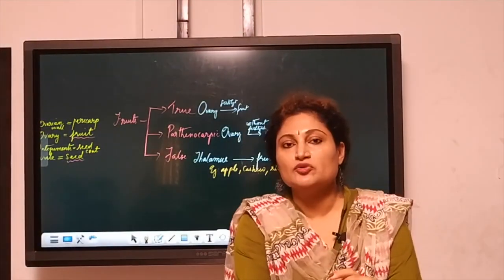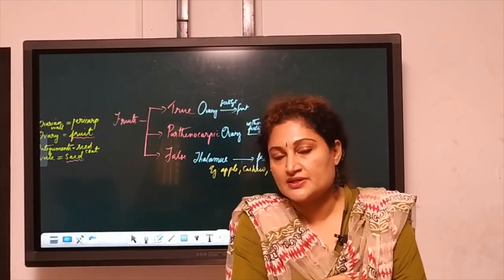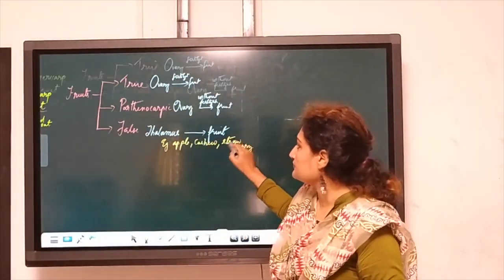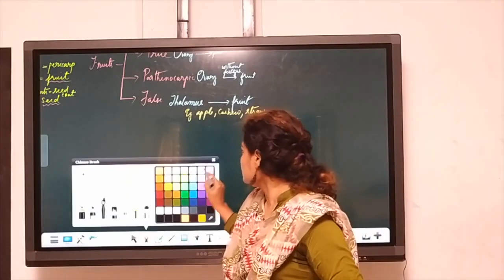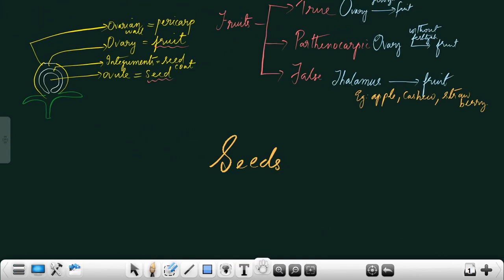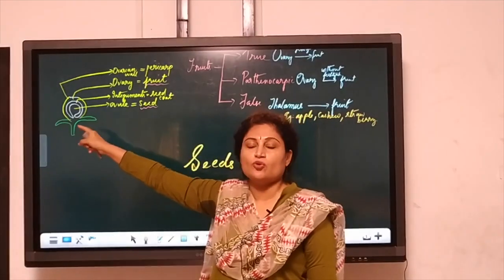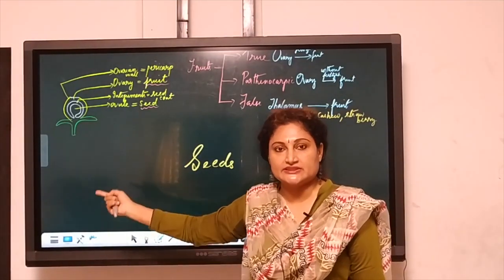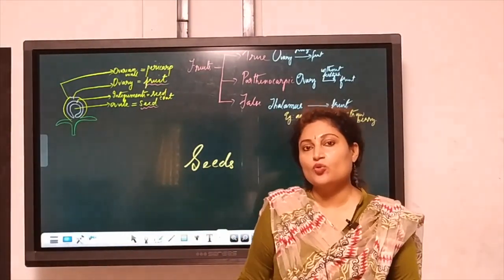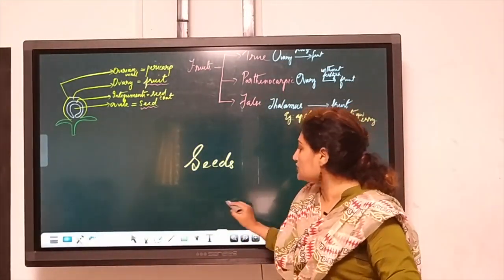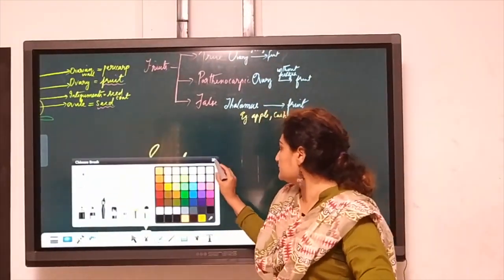So that's about the types of fruits. Next, types of seeds. Now, as earlier mentioned, what becomes the seed or what is destined to become the seed? The ovule. The ovule becomes the seed, and what is surrounding the ovule is the integument, and the integument becomes a seed coat. So that is going to be the true seed.